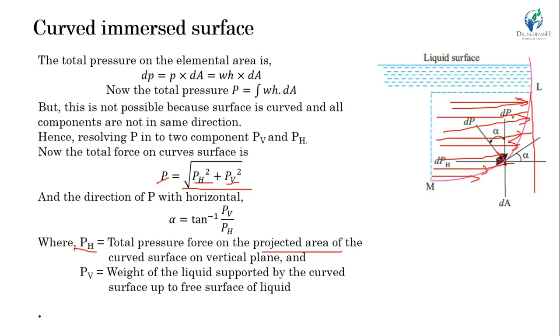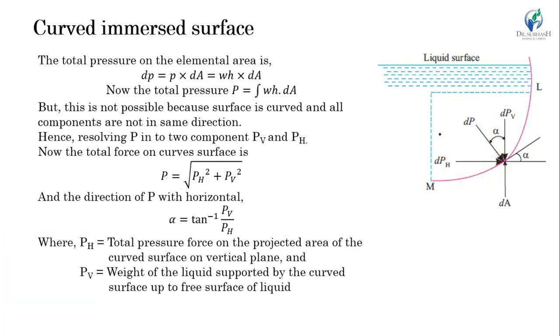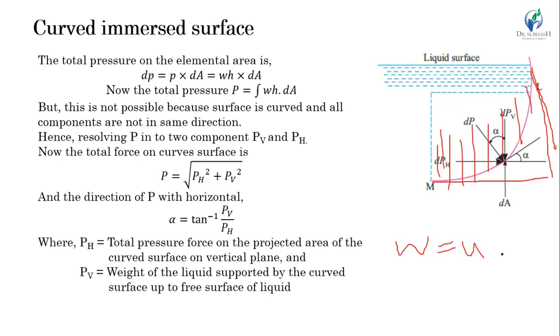Now for the value of Pv, which acts like this at each and every point, for the calculation of the pressure force we have to consider the weight force, say gravitational force acting on the surface from here to here. For the weight force, we consider small w, the specific weight, times the volume.